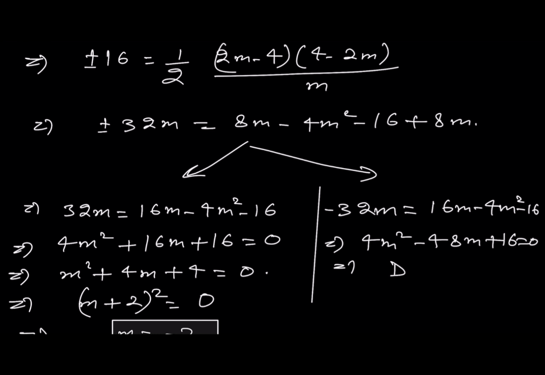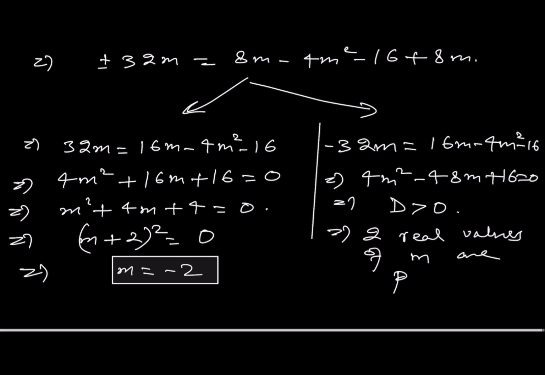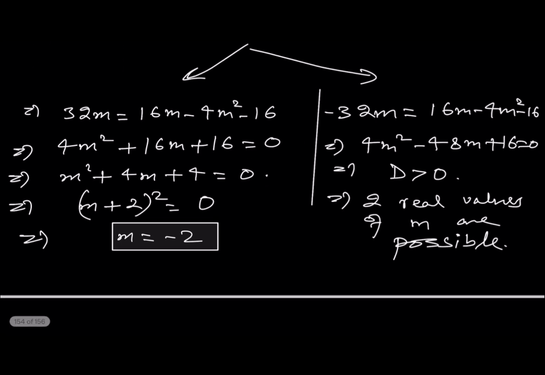So here D is greater than 0 implies two real values of m are possible. So if there are two m, there are two lines.